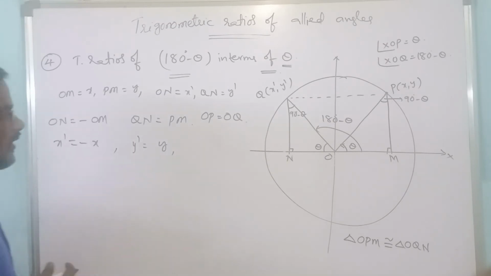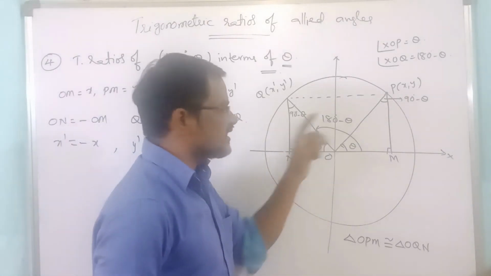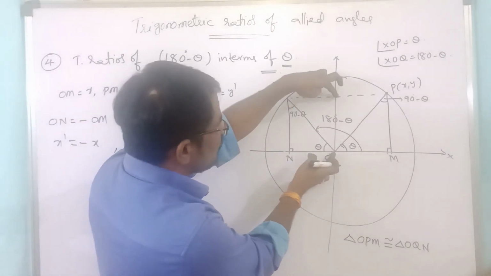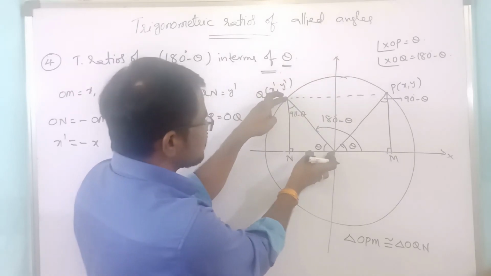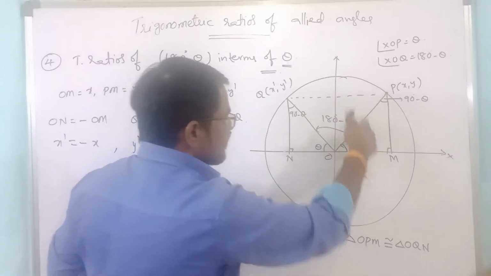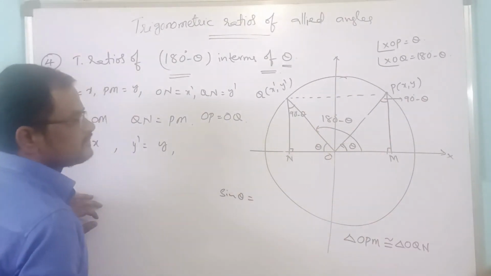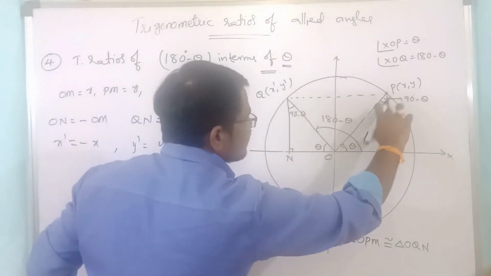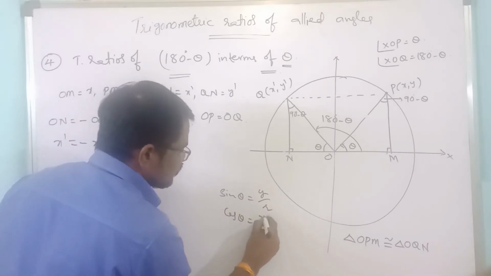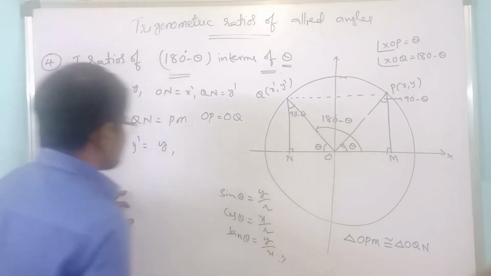Now, so how to define the sign for the angle 180 minus theta? So projection of OP on y-axis, projection of here OQ on y-axis, right? Now from this triangle you can write sin theta equal to y by r, and cos theta equal to x by r, tan theta equal to y by x, right?